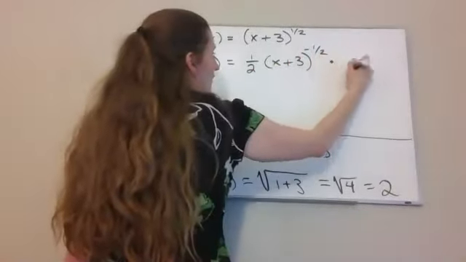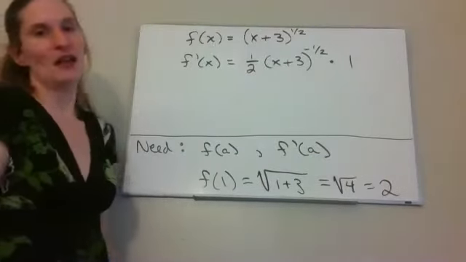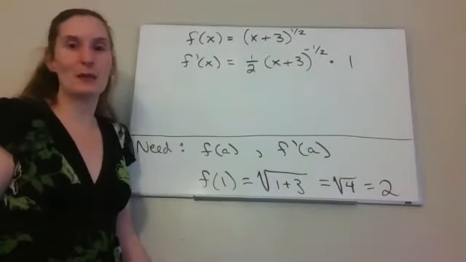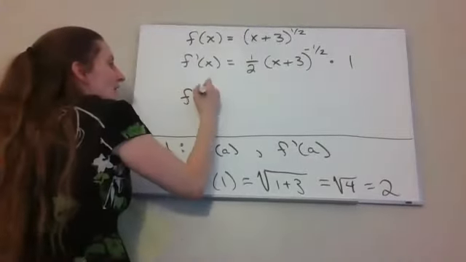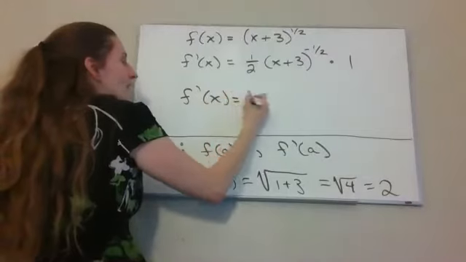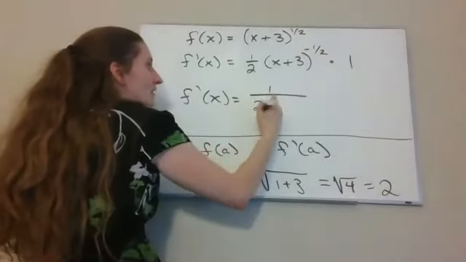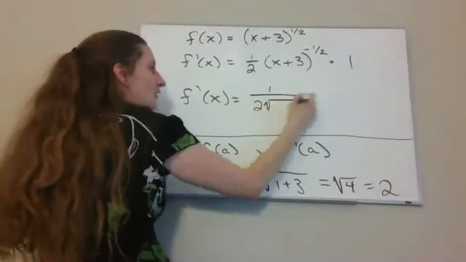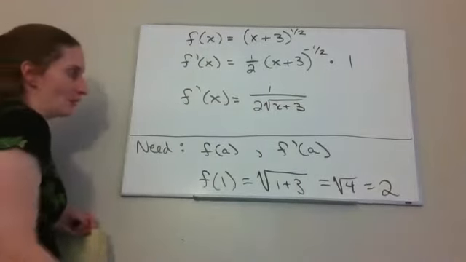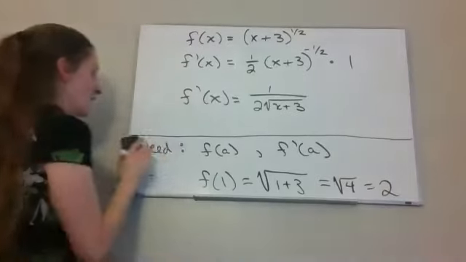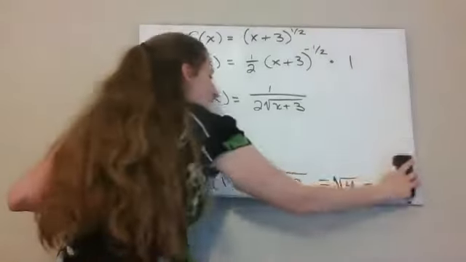And then I multiply by the derivative of the inside, which just happens to be 1. I'm going to rewrite this to make it a little easier to look at. That negative 1/2 power is the same thing as a square root in the denominator. So there's my derivative.